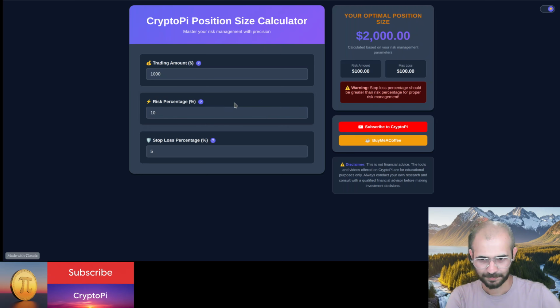That is because if I take 10% risk of my trading amount and my stop loss is at 5%, my position size is much more. It's twice my trading amount. Now, can one trade with this? Of course, one can trade with $2,000 if I take leverage of 2 times.